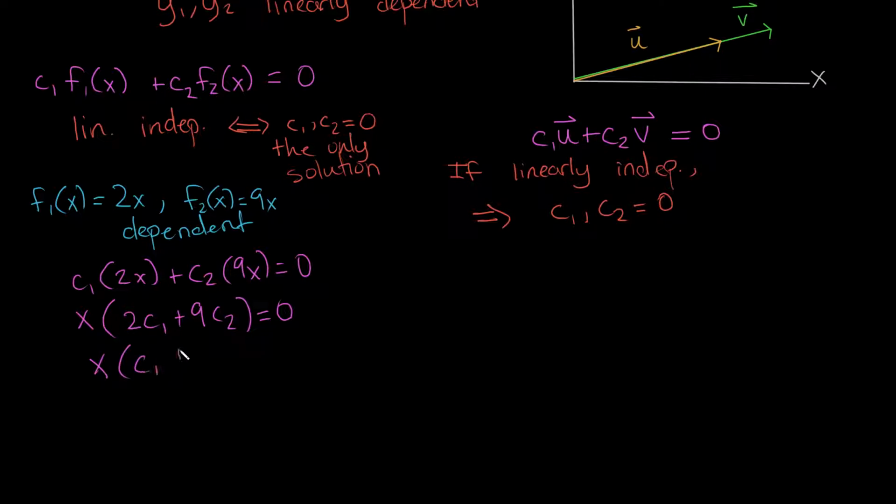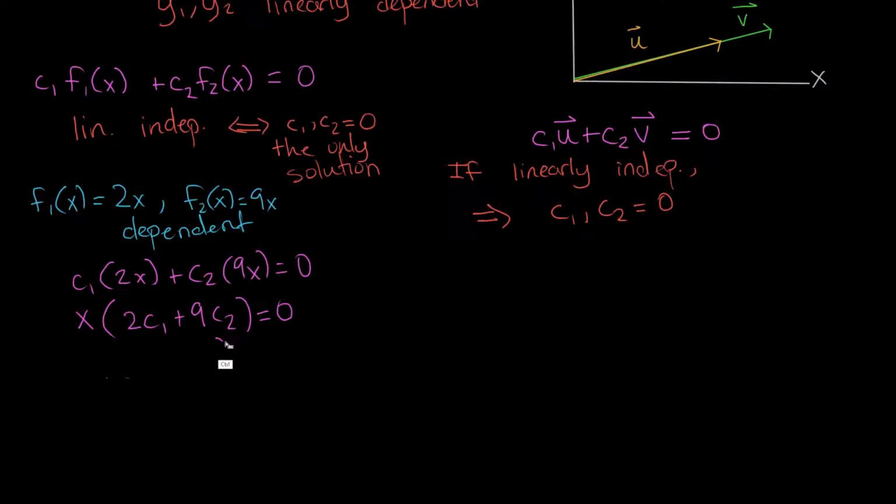We have c1 plus c2. Clearly, if we chose the correct constants here, we would be able to get it such that this value equals 0. So we wouldn't necessarily need it so that c1 and c2 were 0. For this to equal 0, we would just need specifically c1 equals negative 9 halves c2. So these are clearly dependent functions.